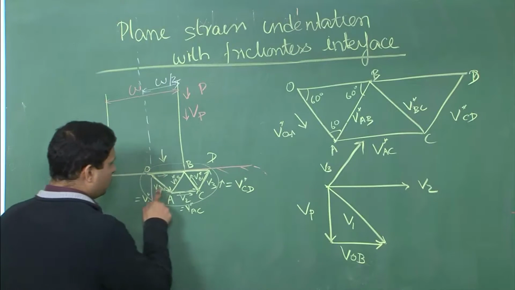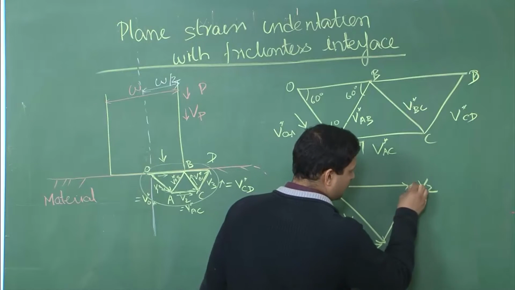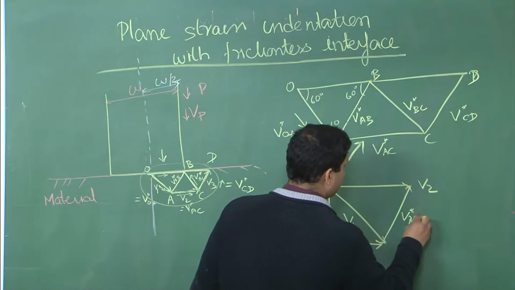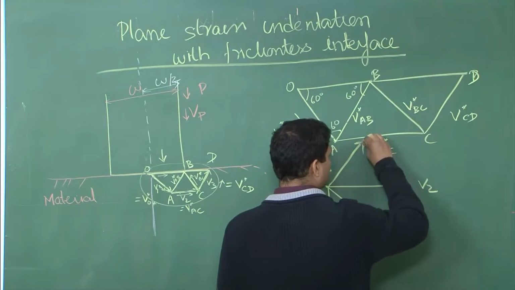Connecting V1 and V2, we have this V star AB, which is also at 60 degrees. So, this is V star AB, and connecting V2 and V3, we have V star BC.